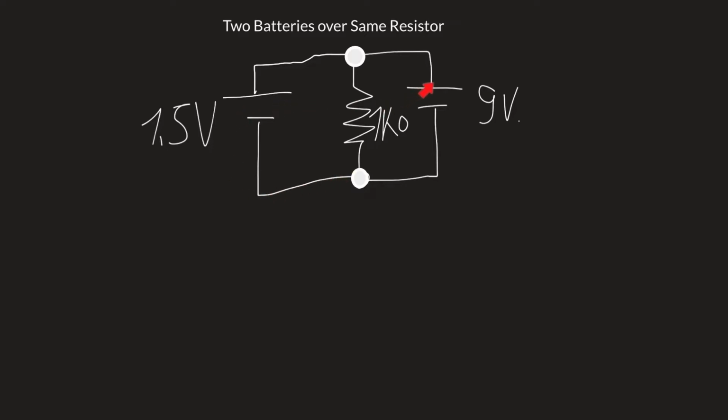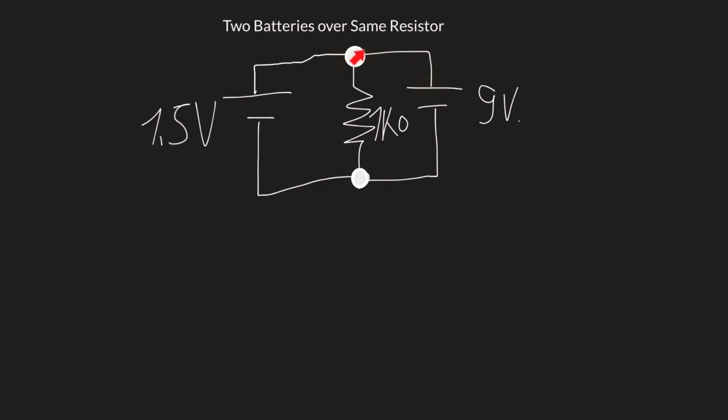Perhaps one thing that could happen is that I have here 9 volt compared to a common ground, and 1.5 volt compared to a common ground, and this 9 volt is more positive.